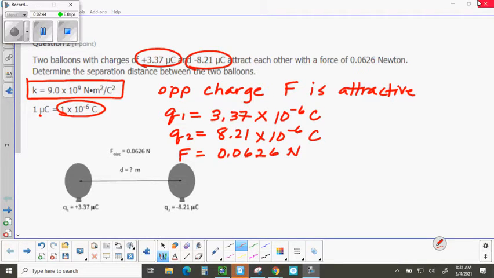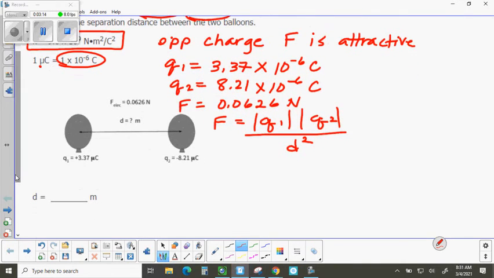All right. And the equation is going to be the same. So we're looking at force, and I'm not going to write the electrical subscript, is equal to the absolute value of the first charge times the absolute value of the second charge divided by the distance squared, times K. Important for our units.